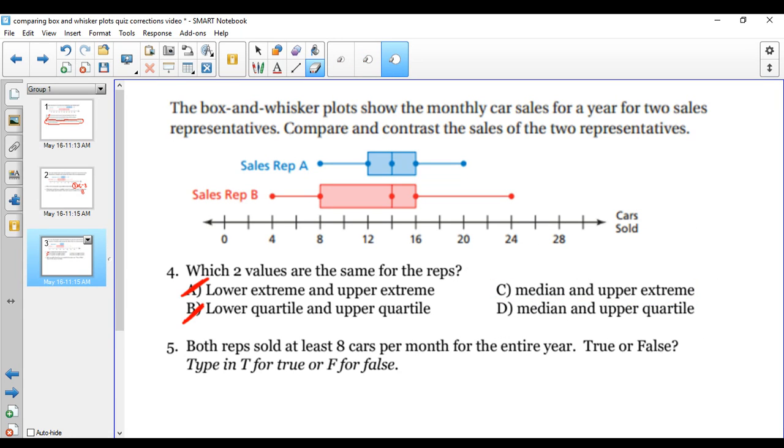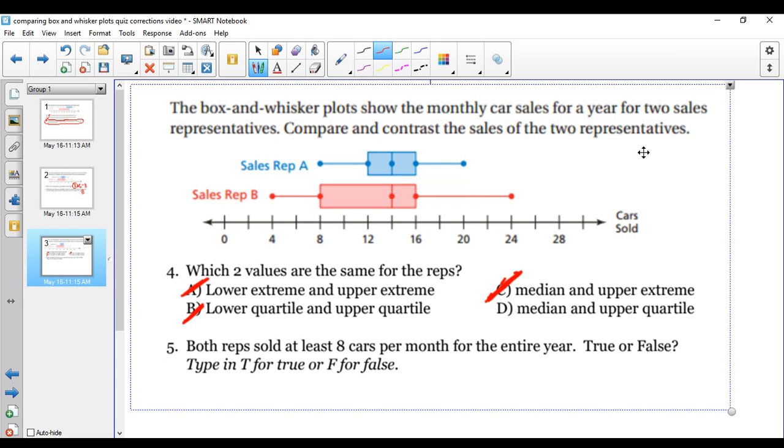Okay, median and upper extreme. So the median was the same, but this did not say upper quartile, it said upper extreme. So upper extreme was 20 for sales rep A and was 24 for sales rep B. So those are not the same. Sorry about that. Okay, now checking D, the median and the upper quartile, which is what I was reading a second ago by mistake. So the medians are the same and the upper quartiles are the same. They're both 14 and 16. So D is the correct one.